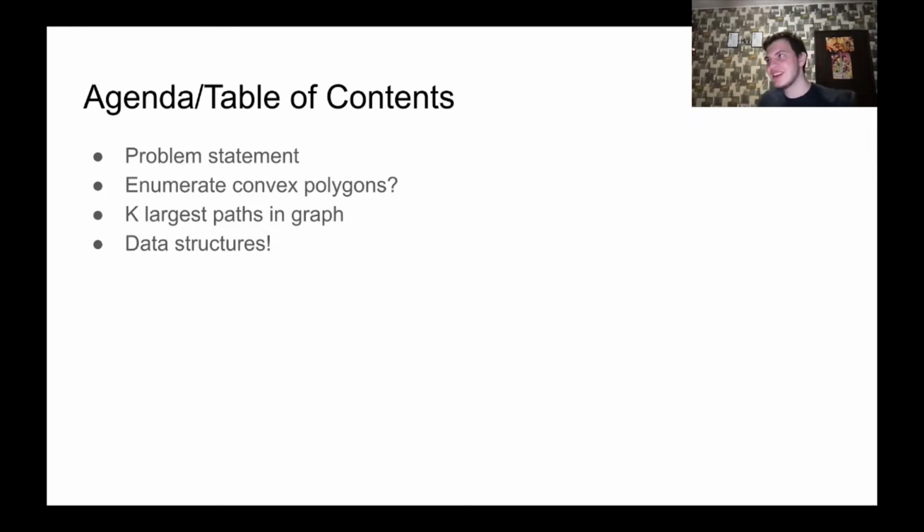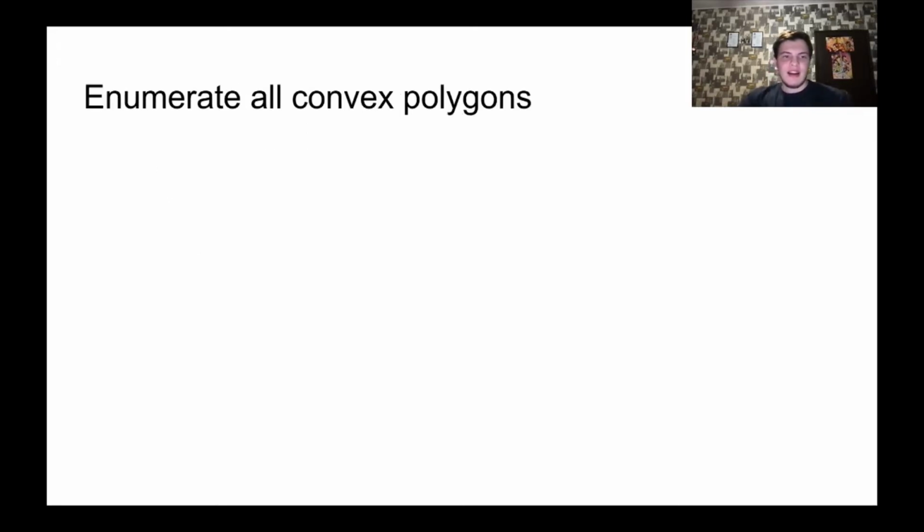But unfortunately, we are still not aware of a solution along those lines. So there's a very specific way you should start the problem, and actually, let's get right into it. All right, so let's see how to enumerate all convex polygons if we have some points.